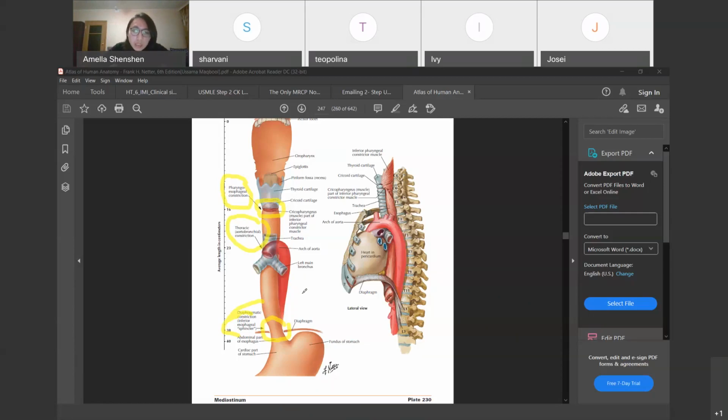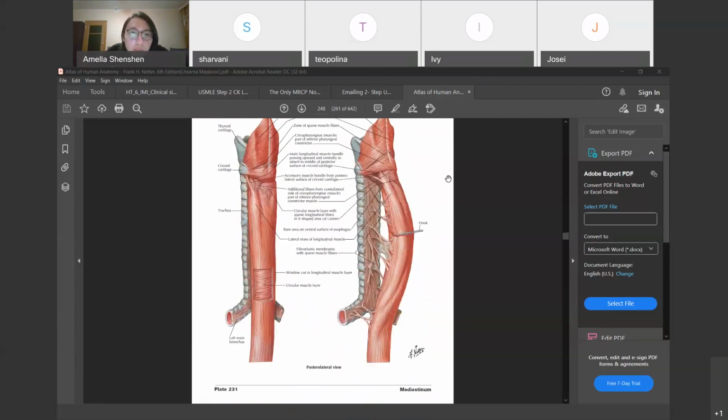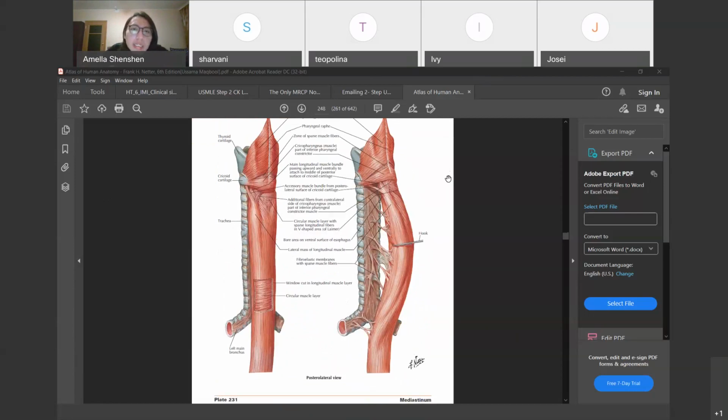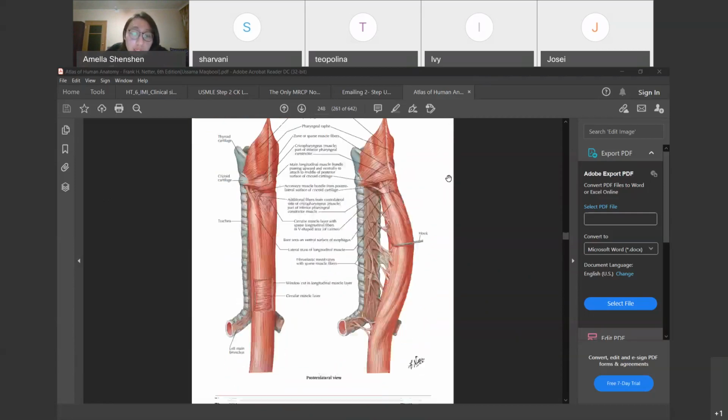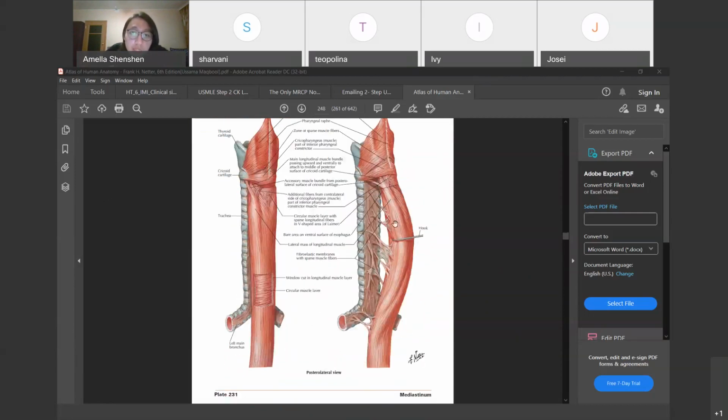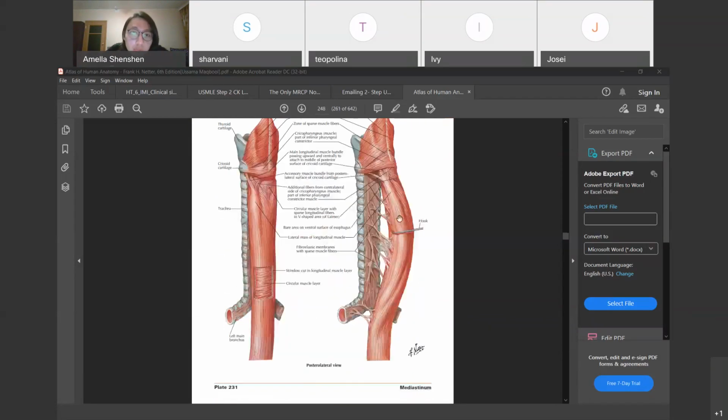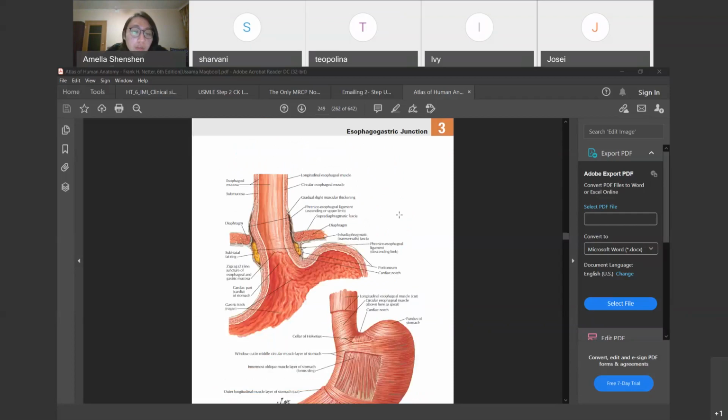Besides that, if we really want to understand the layers of the esophagus, the anatomy of the esophagus is very complicated. You see that there are not just muscles and organs. There are also vessels, and different nerve endings as well that are very important.